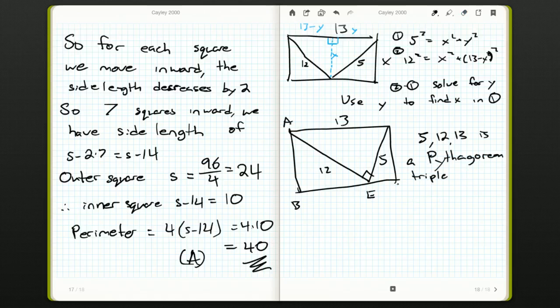A, B, C, D. So triangle AED is right angled. If we have a right angled triangle, it's actually pretty easy to do some calculations with it. In particular, we can find area.